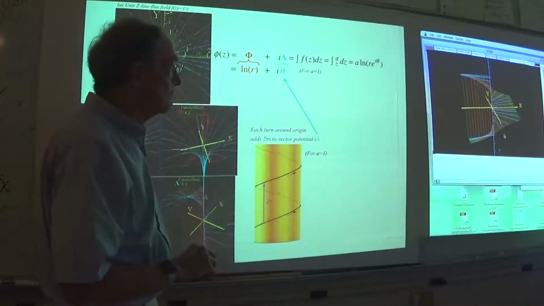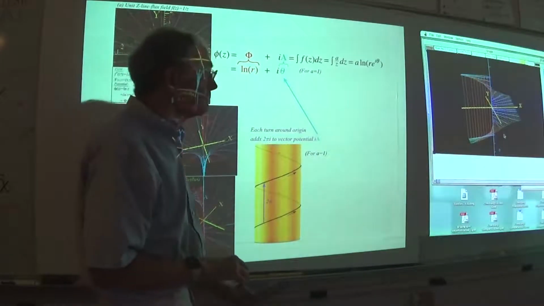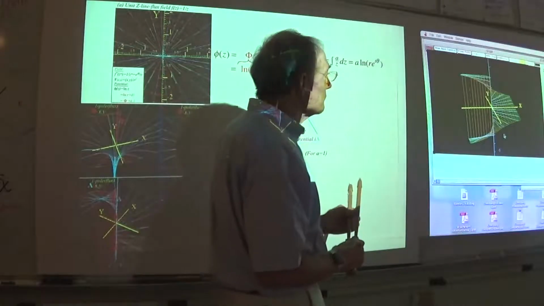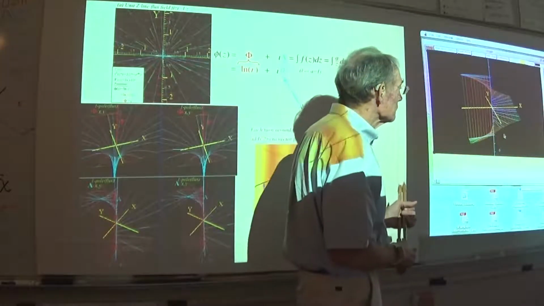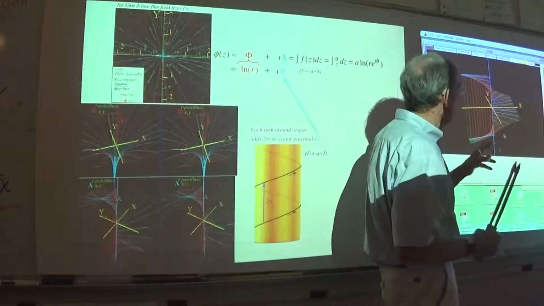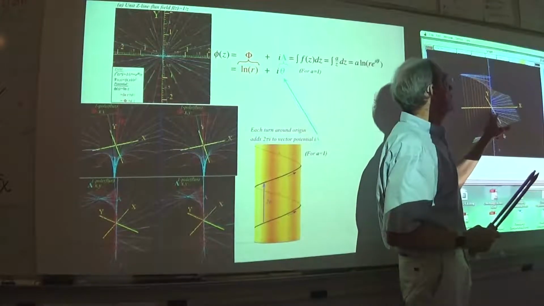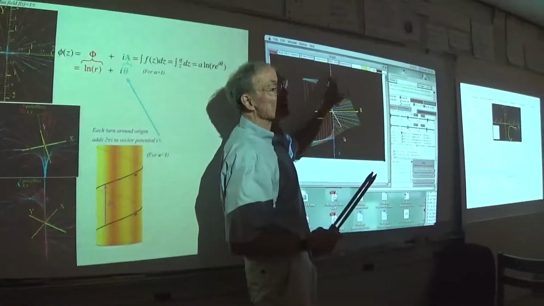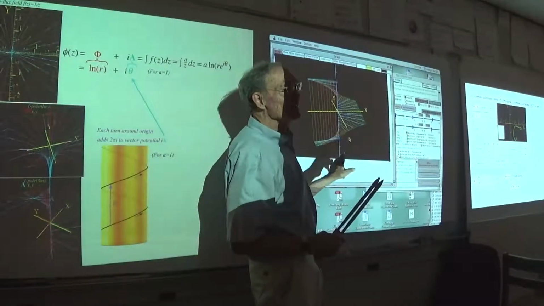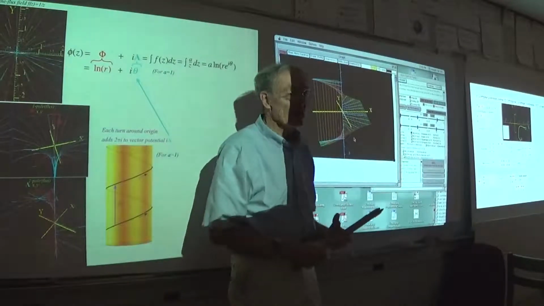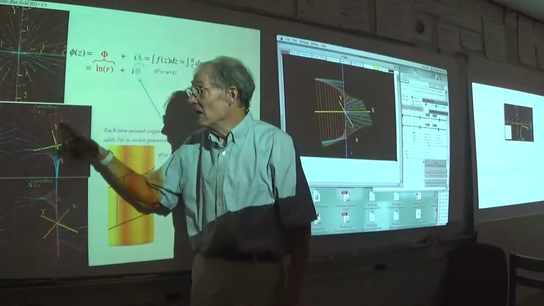We've only got one dimension of the vector potential, though. That's one thing we need to point out. We only have one perpendicular direction, and we have real discontinuity on this line. And we had it here too, on this line.